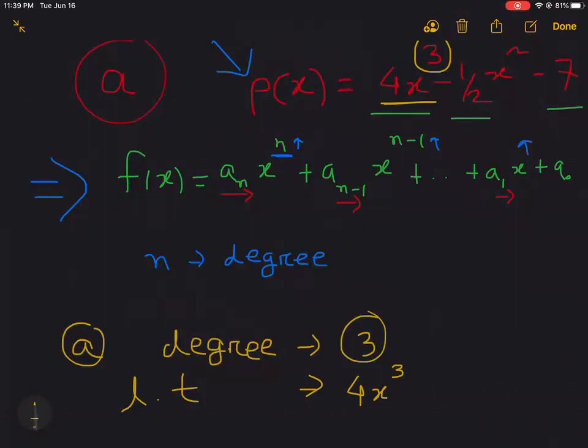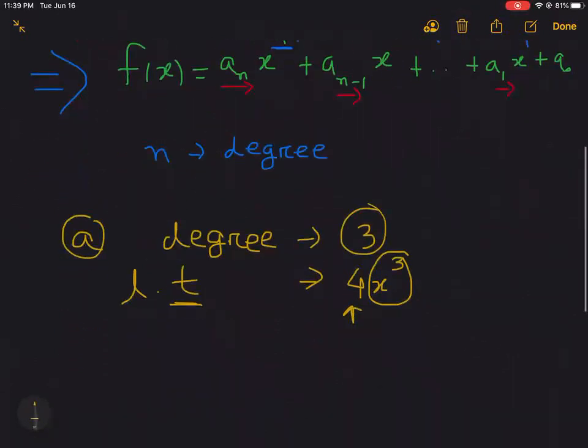So whatever your leading term is, as our polynomial is in terms of x, whatever you have with that is your leading coefficient. So the leading coefficient here is 4, right? So these are a couple of pieces of information you can get from a polynomial.